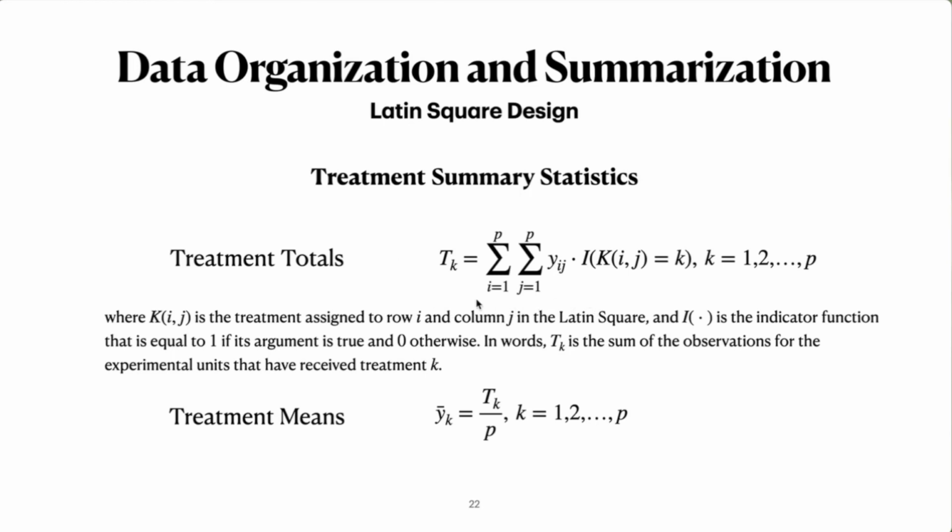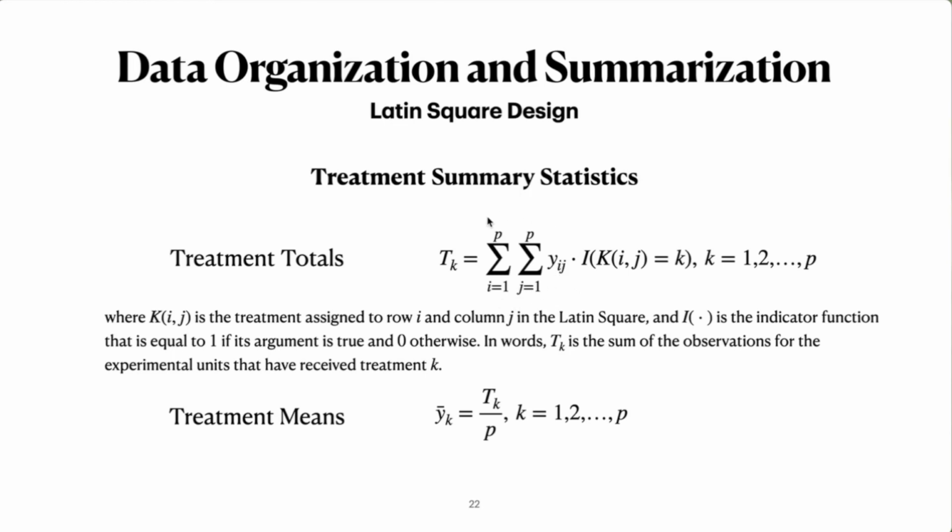This is just one way of representing how to get the treatment total, the total for the observed values for the experimental units that have received treatment K, for each K going from 1 to P. You may or may not be familiar with this type of notation, so let me take a minute to explain it.